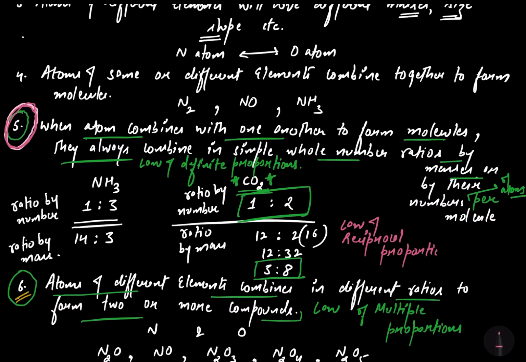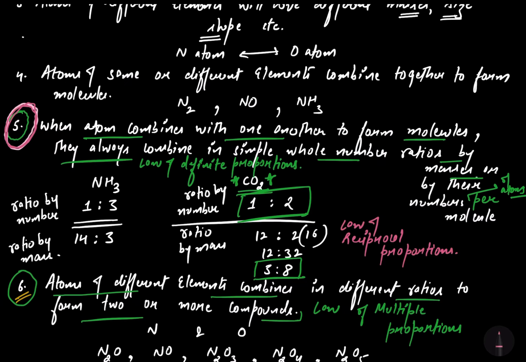The law of reciprocal proportions is again supported by the fifth postulate. It states that the ratio of masses of two elements combined with a fixed weight of a third element is either the same as or a whole number multiple of the ratio of masses when those two elements directly combine with each other. I know this definition is a little confusing.